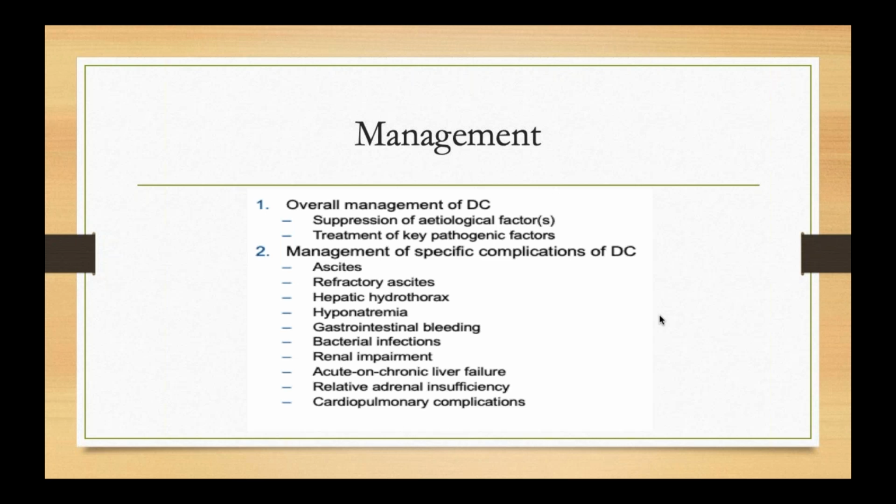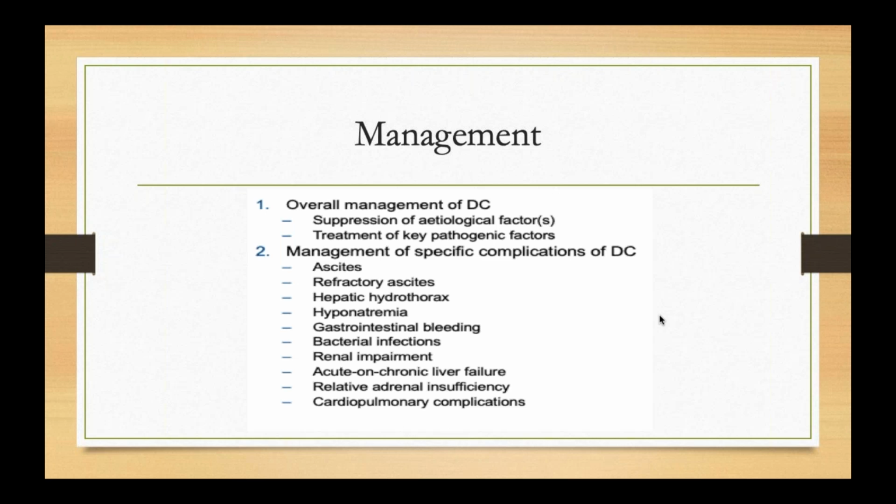If the patient has hepatitis B with high DNA load and cirrhosis, start the antiviral. Hepatitis C, treat the hepatitis C. Wilson's disease you can also treat. So these are only the few causes where we can have treatment. For some patients we don't have any treatment. Management of specific complications: ascites, refractory ascites, hepatic hydrothorax, hyponatremia, GI bleed, bacterial infection.